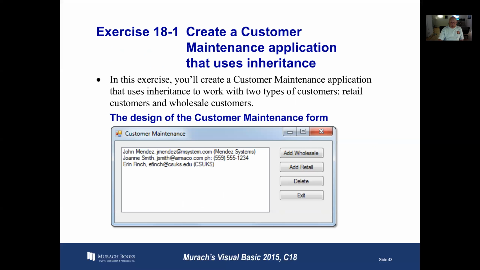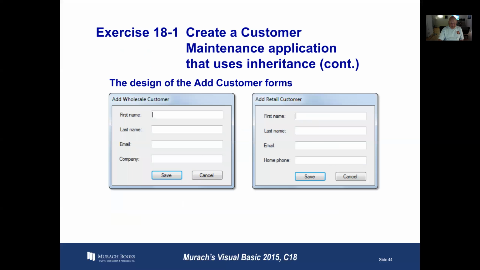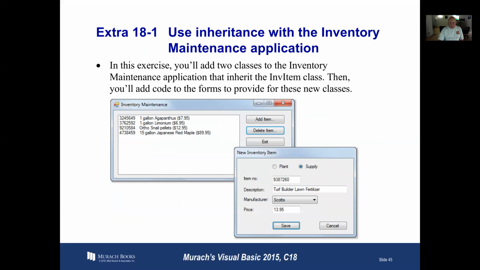This is how you create a customer maintenance application that uses inheritance. This is where you add a wholesale customer, a retail customer. And the use of the inventory maintenance application using inheritance.